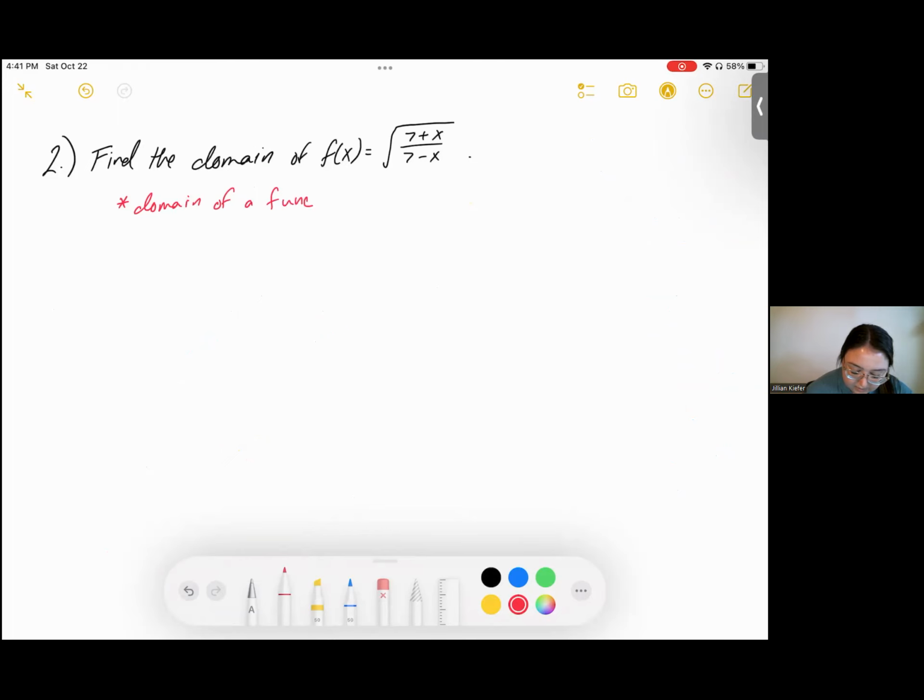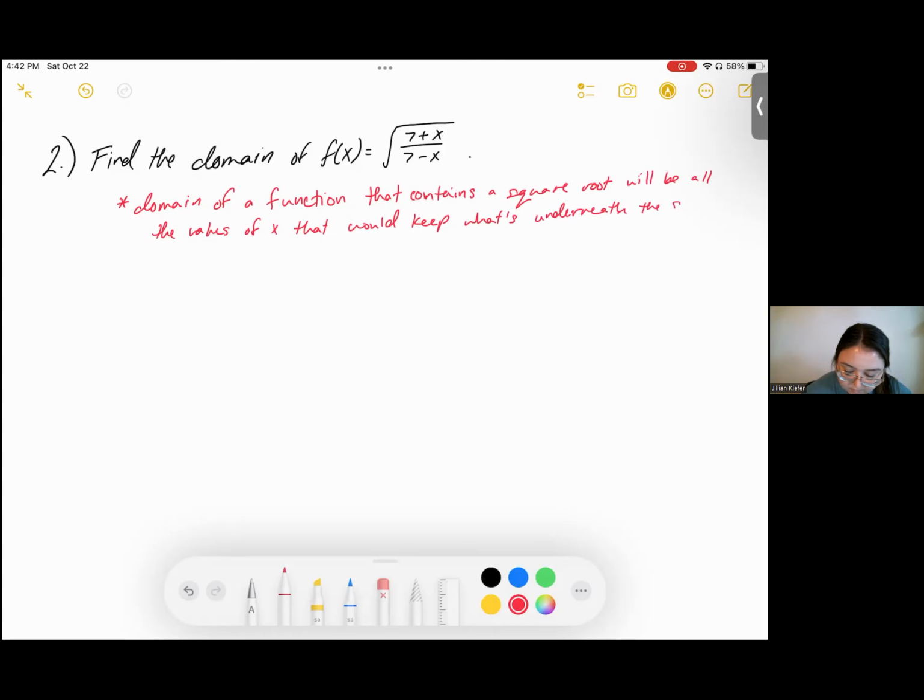The domain of a function that contains a square root will be all the values of x that would keep what's underneath the square root greater than or equal to 0.